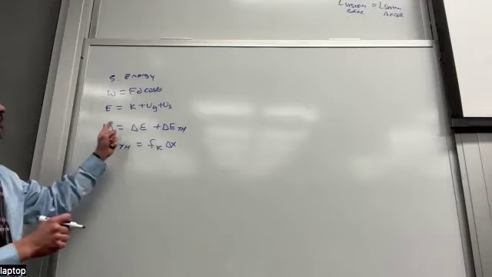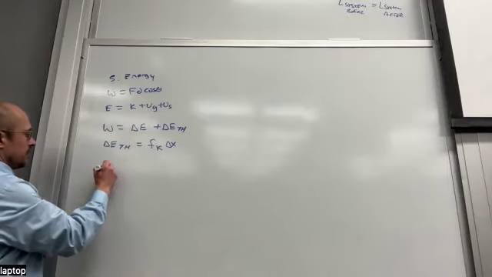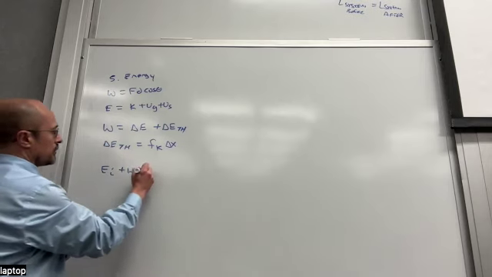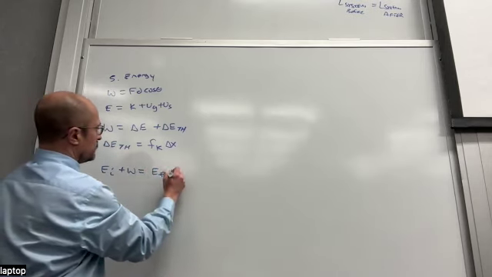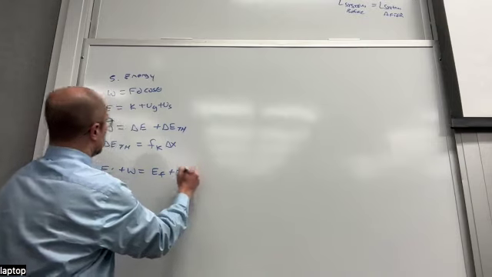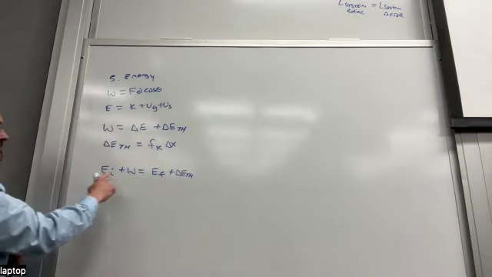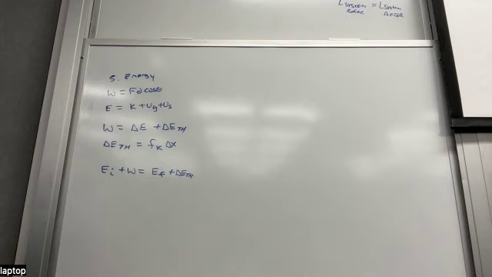And then we can break this apart into energy initial plus work equals energy final plus delta E thermal. Then you can break these into more pieces if you want to. But that's the concept of energy conservation, right? And then we also had power as well.